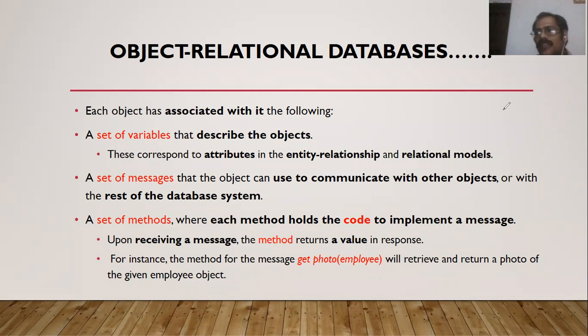The objects with similar properties are grouped into classes. In object relational databases, the basic unit is object. A group of objects with similar properties are grouped into classes.